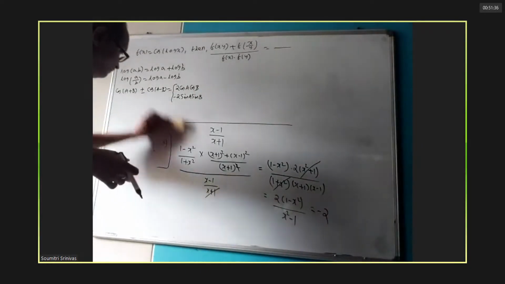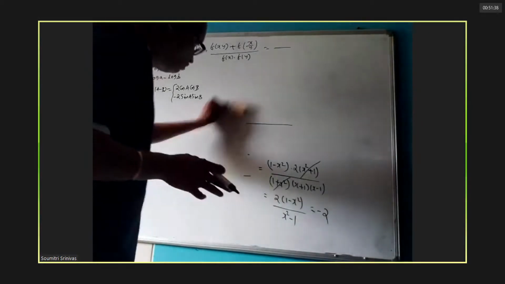And finally, all of you, please note down these formulae also in the notes.